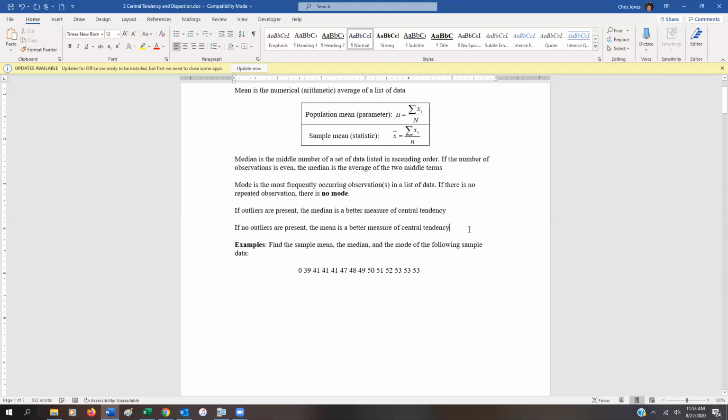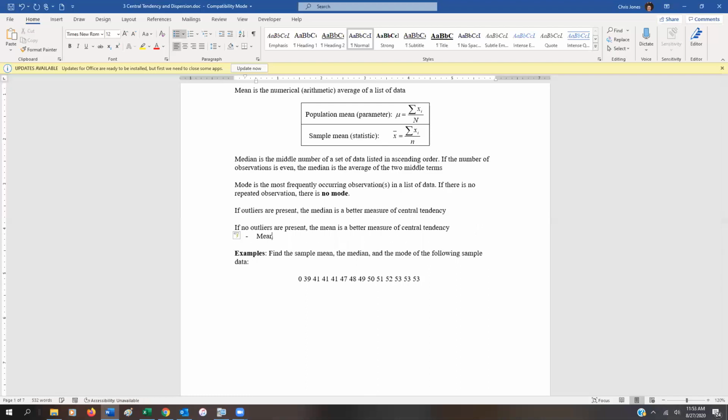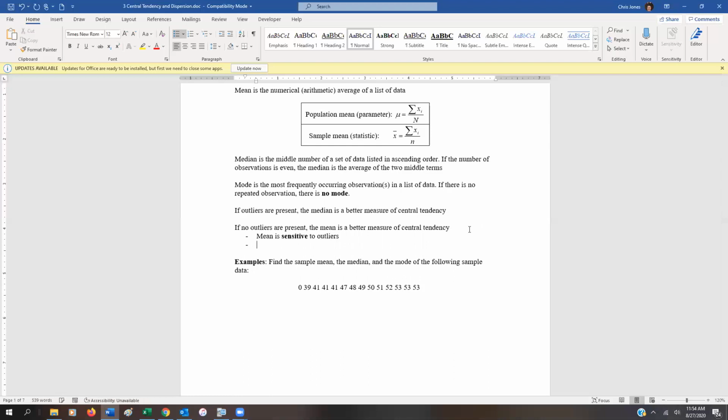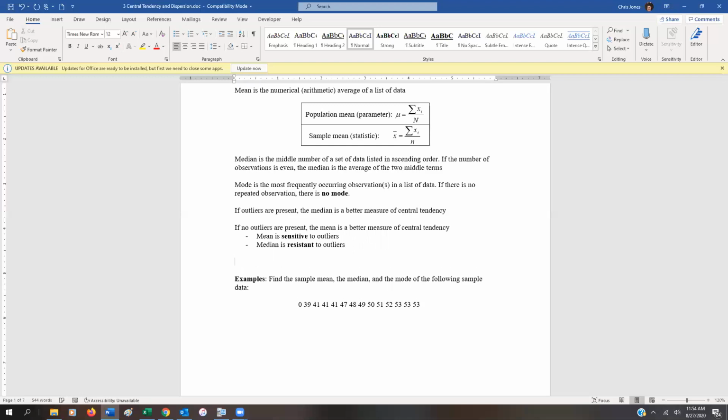And one thing that we tend to say is that the mean is sensitive to outliers. And I'll give you an example of what that means in a moment. The median is resistant to outliers.